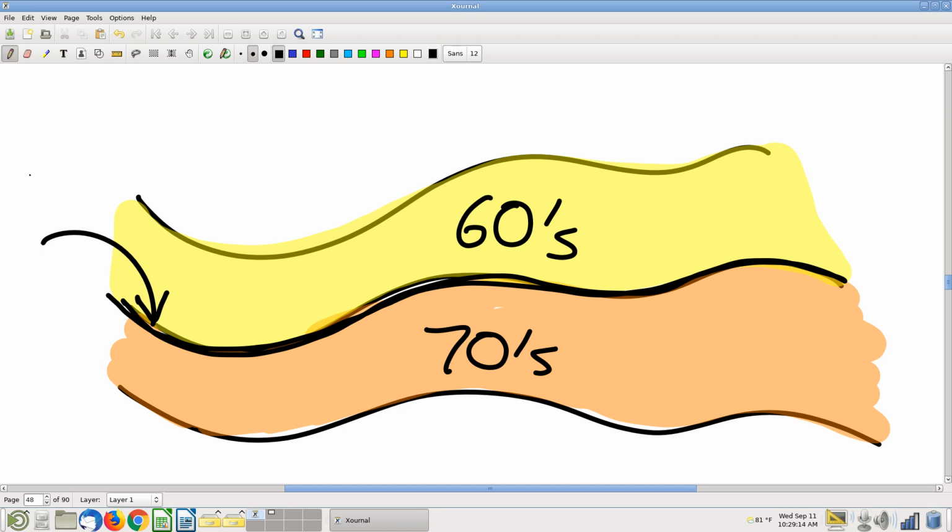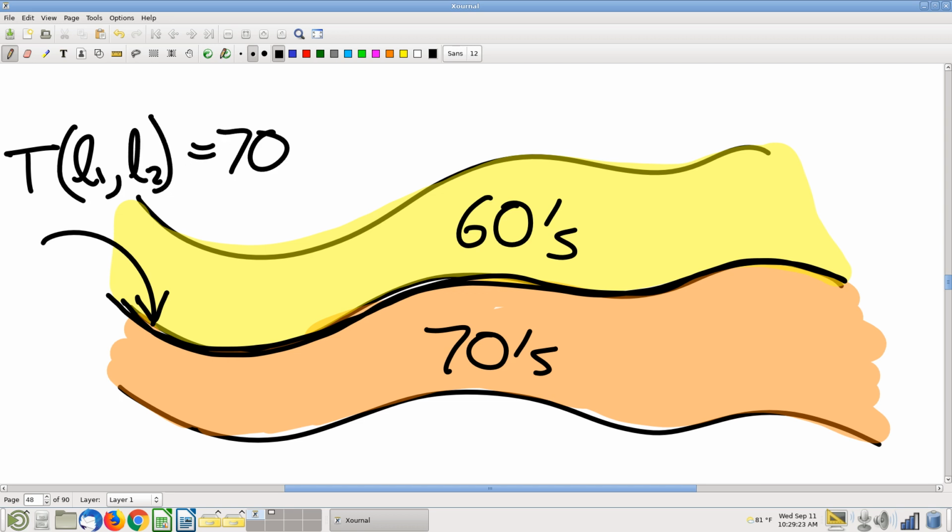Don't forget, temperature, among other things, is a function of position. It's a function of longitude and latitude. So that's where your temperature function of position is 70, 70 being a constant. We are therefore looking at a level set. We have set it equal to a constant. We're looking at a level set of that multivariable function.